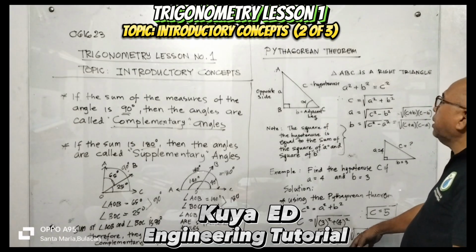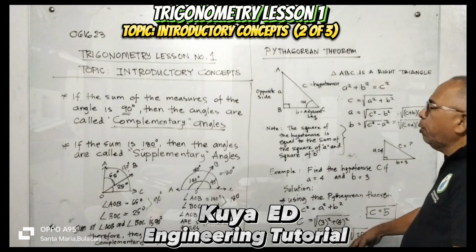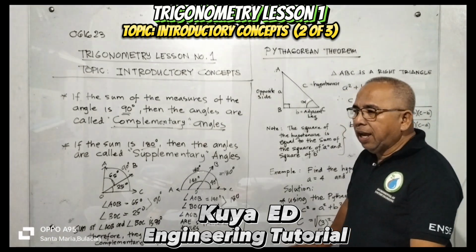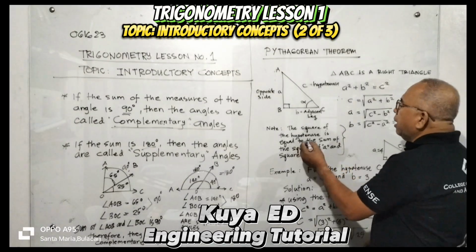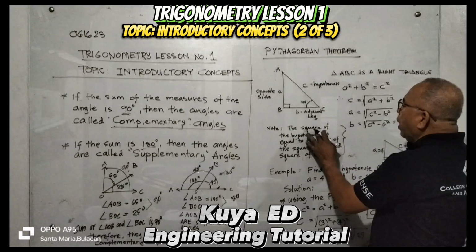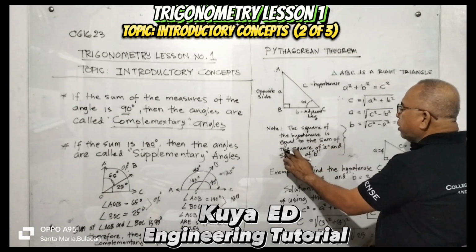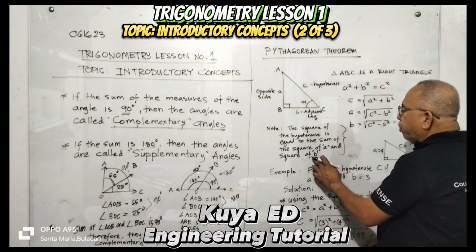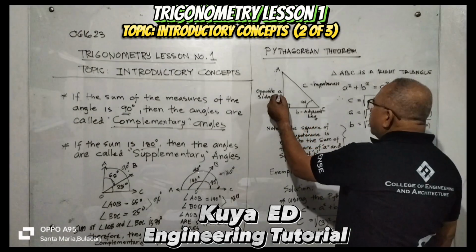Okay, punta na tayo sa Pythagorean theorem. Actually, this is a theorem developed by Pythagoras, a Greek mathematician, no? Siya ang nag-develop nito. Ang sabi niya, dito sa kanyang discovery, the square of the hypotenuse is equal to the sum of the squares of A and B. So A and B are the legs or what we call the sides.